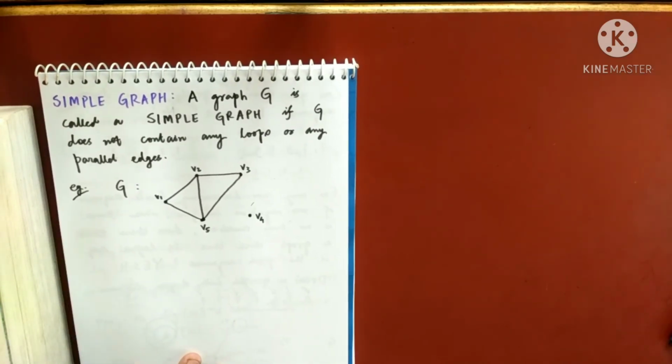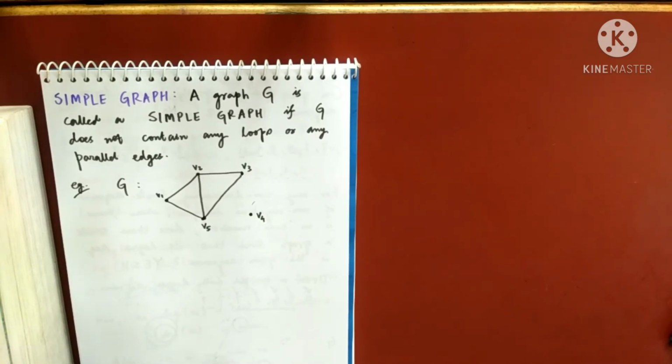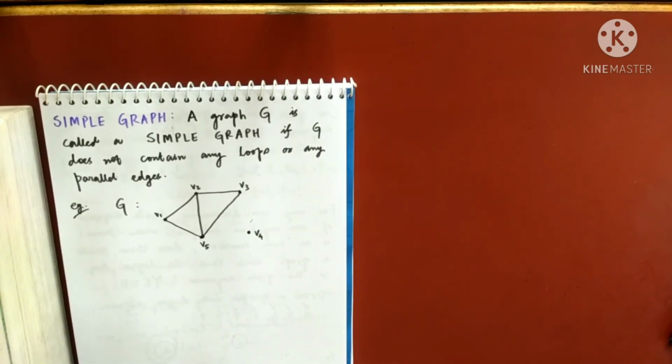Because in the last example what I drew was not a simple graph, because that had parallel edges and loops, right?